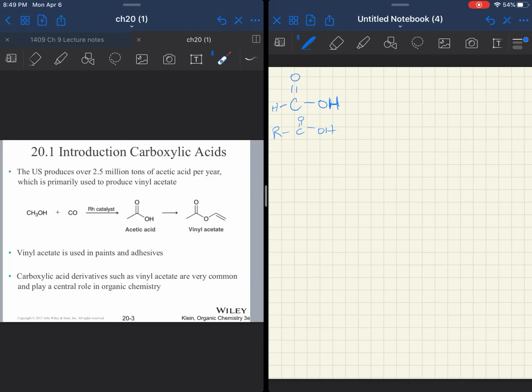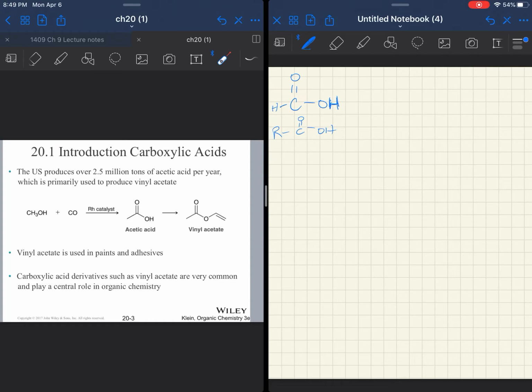Now, when it comes to small carboxylic acids like acetic acid, this is an important compound in industry. You see here that the U.S. produces over 2.5 million tons per year. It is an important starting material for a number of different products, including vinyl acetate, used in paints and adhesives.